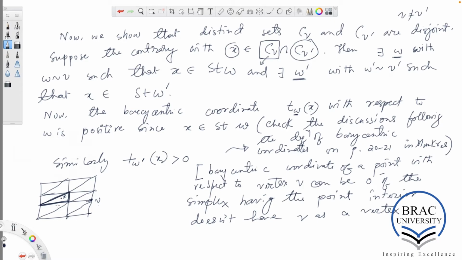That's what I have written down here. If it does not have v as a vertex, then the barycentric coordinate of this point lying in the interior of that simplex is going to be 0. Otherwise, it's strictly positive. You'll see that when you go over these discussions.